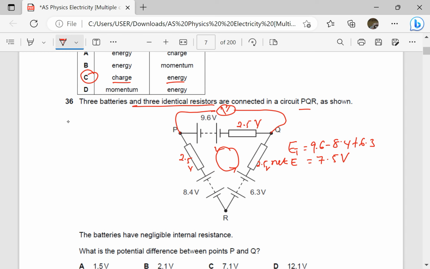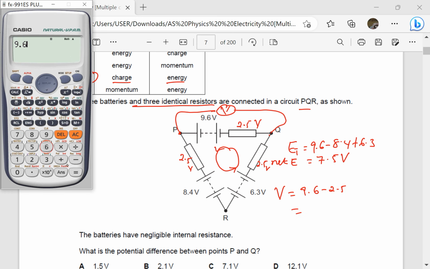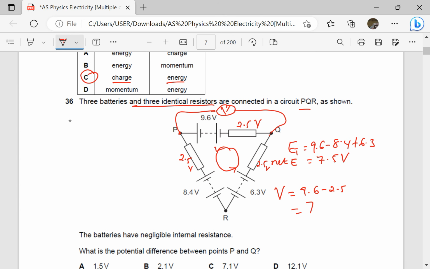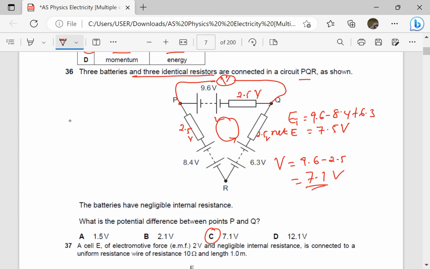So the reading of the voltmeter must be the PD outside the cell, outside this battery here. Therefore, the reading of the voltmeter V is going to be the terminal PD, which is 9.6 minus the lost volts, which is 2.5. So 9.6 minus 2.5 gives us 7.1, which means our answer here is going to be C.